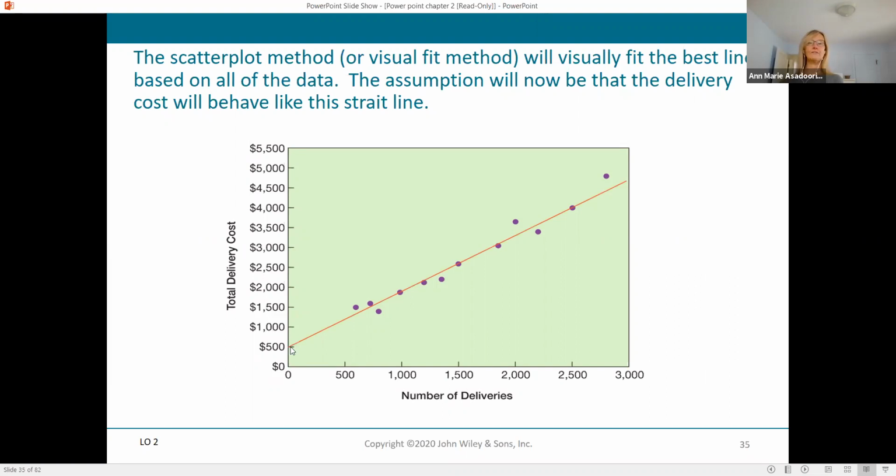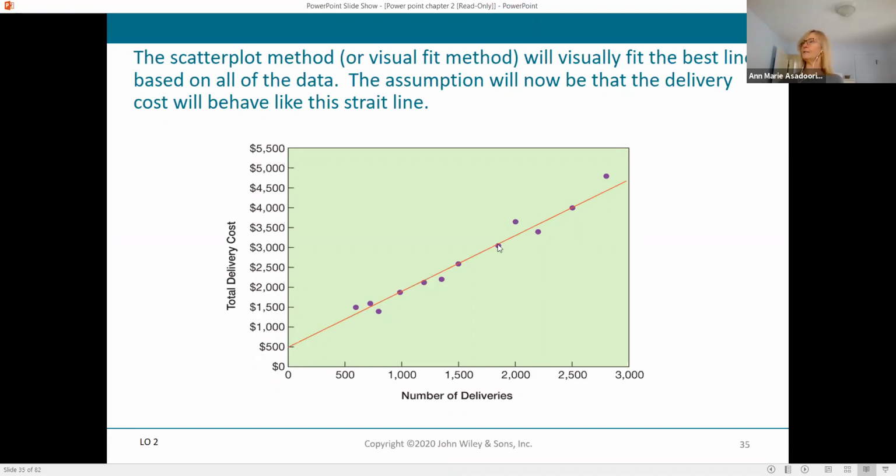And what we also know is the fixed cost, because we looked at the graphs for fixed expenses, the fixed cost is where this line is going to hit that vertical axis. So regardless of what happens, they pay $500 in fixed expenses. Then if I get the slope of this line, that will give me my variable cost per unit, and then I'll be able to predict the variable portion here.